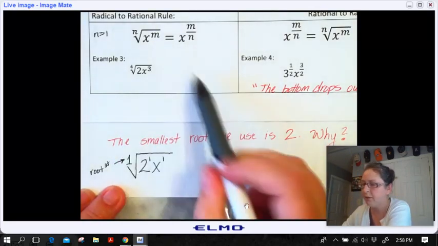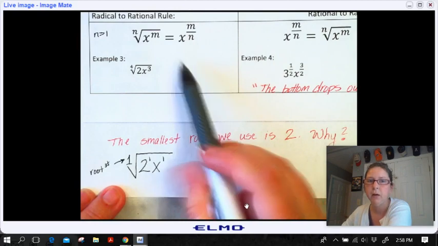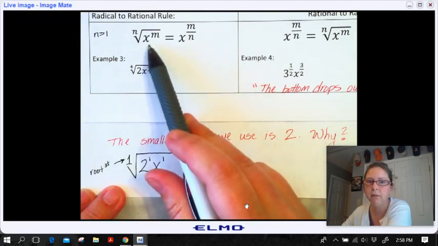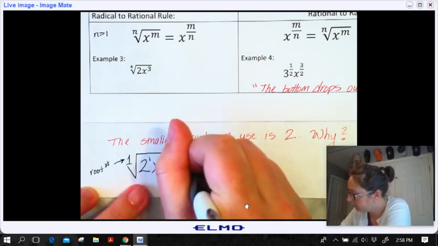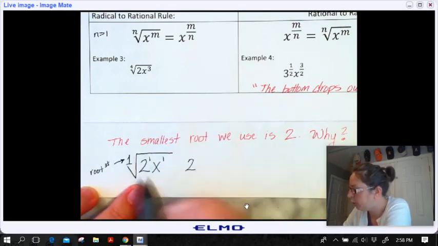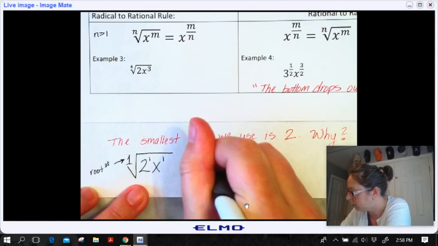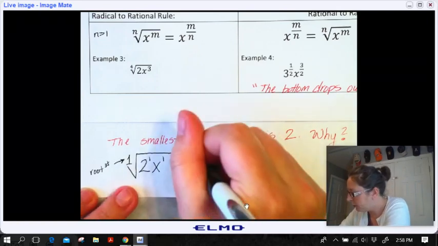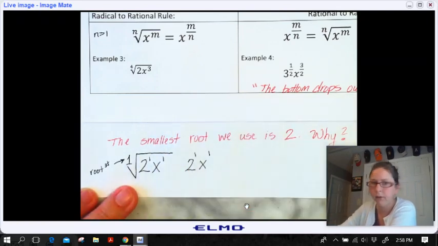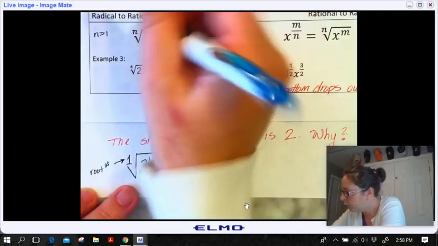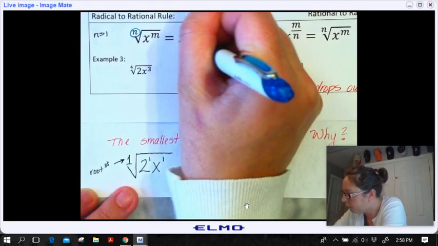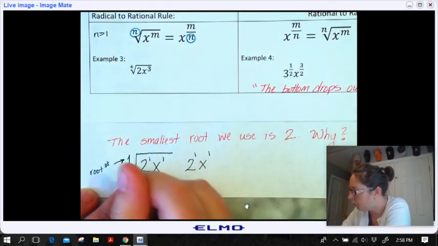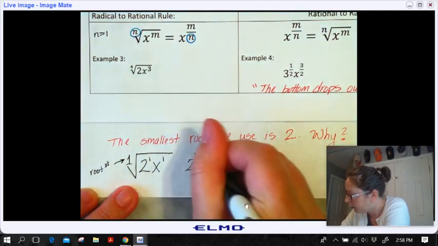If I apply this rule right here, I take the base. In this case, my bases are 2 and x, and their exponents are 1 and 1. If I take this root number and put it on the bottom, so that's a 1, put a 1 under there.